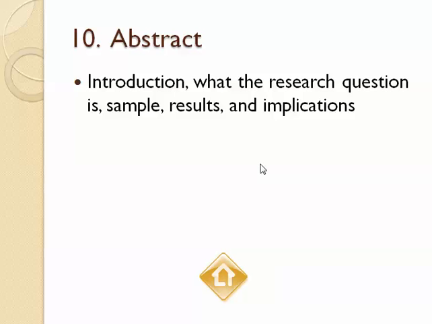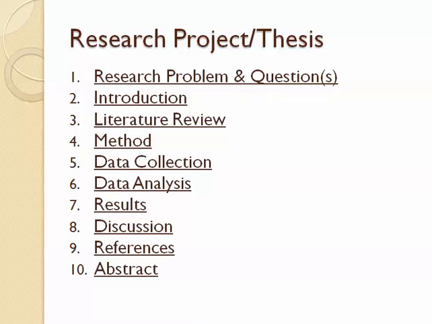So it's provided at the beginning of your paper actually, even though you write it last, and involves an introduction to why you're doing the research, what the research question is, description of your sample, presentation of your results, and the key findings only, and the implications of the results. You're basically attributing 1 sentence or giving 1 sentence to each of these, perhaps 2 sentences to the results section. So those are the key elements of writing a research project and thesis.